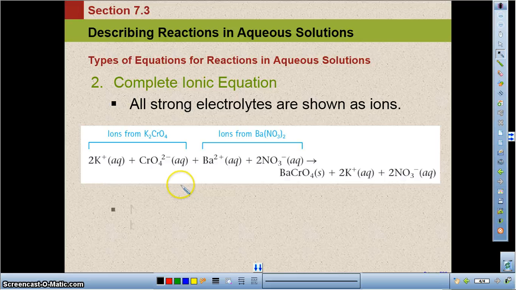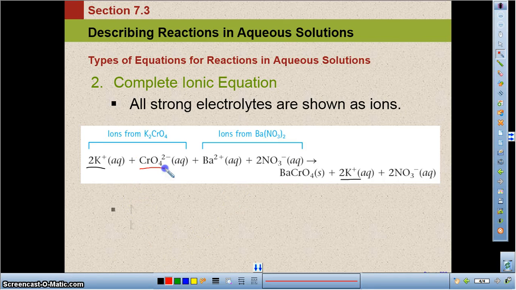So we have our complete ionic equation, and in that complete ionic equation, we have spectators. So if you notice, potassium and potassium, both ions, we start off with the potassium ion in this reactant side, and we end up with the potassium ion in this product side. Chromate, however, let's get a different marker for that.